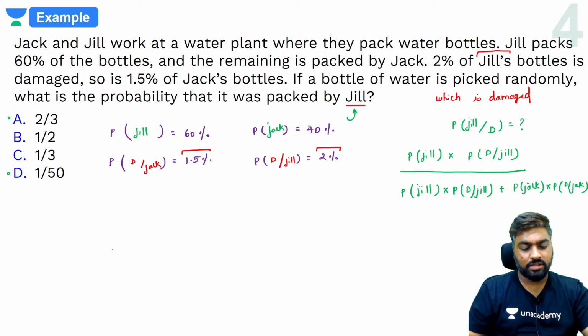I hope you have understood the logic behind this formula that we wrote.